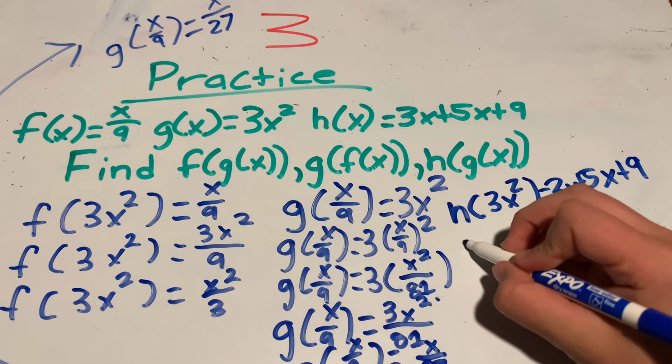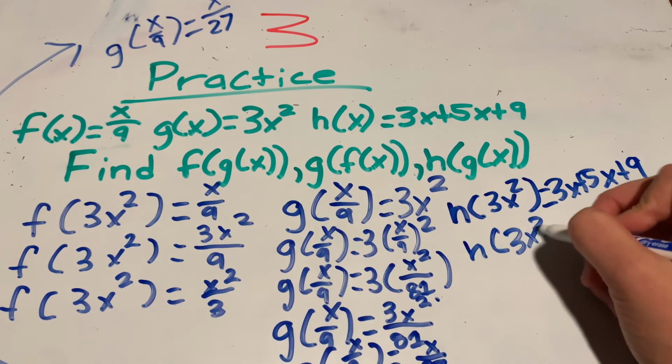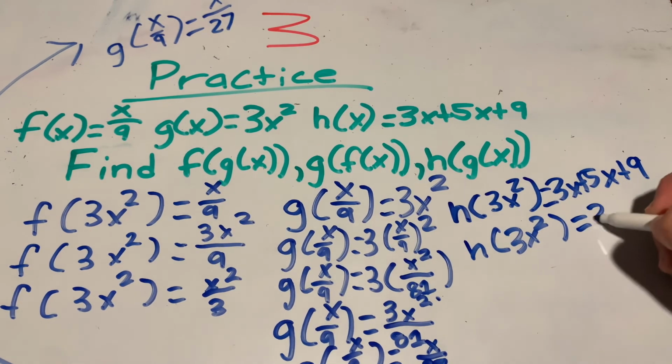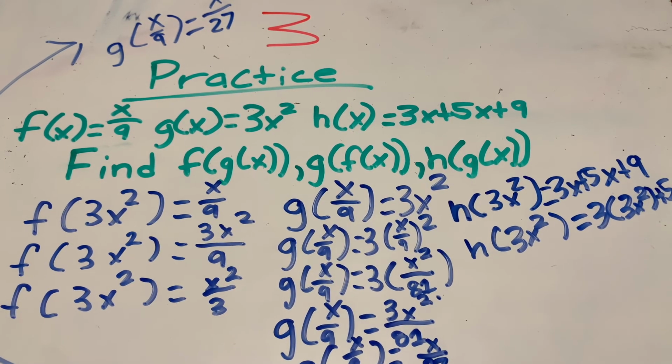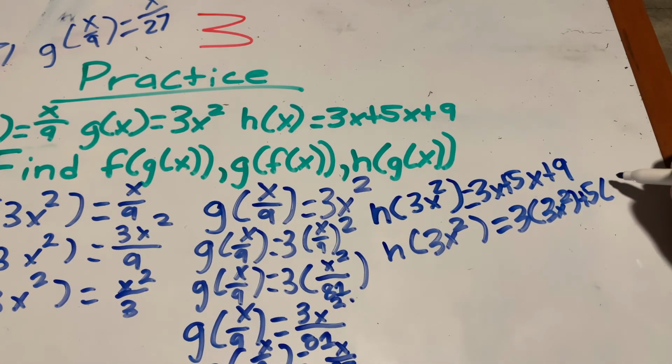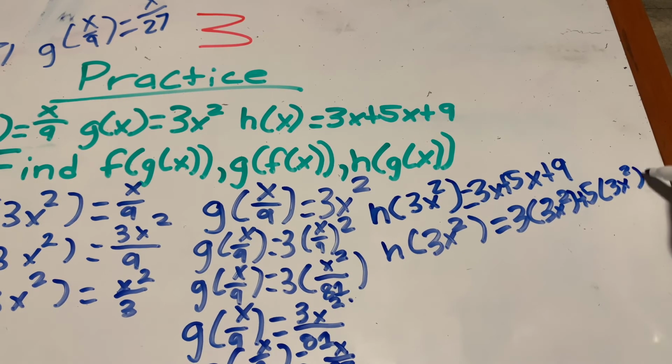And then h of 3x squared, you're going to plug that in, 3, parenthesis 3x squared. And then plus 5, parenthesis 3x squared. And then plus 9.